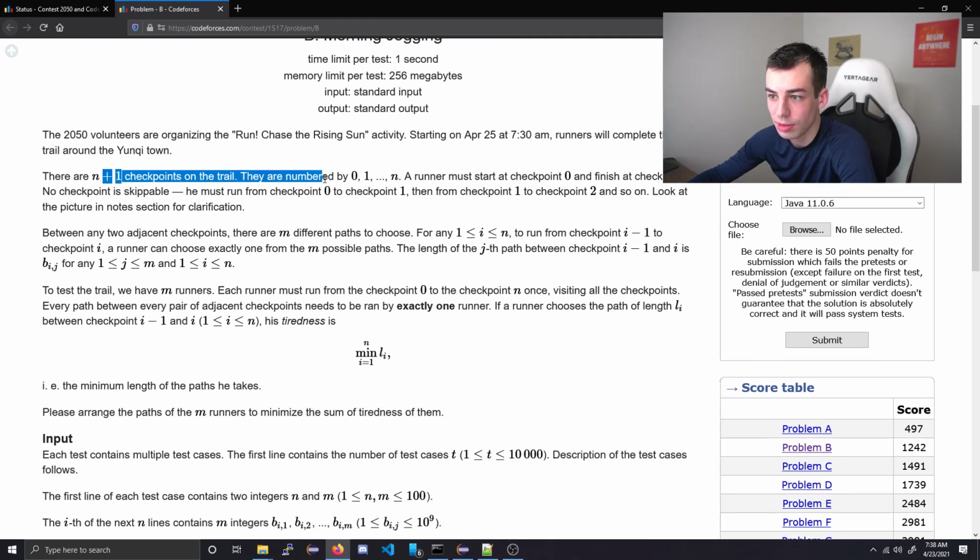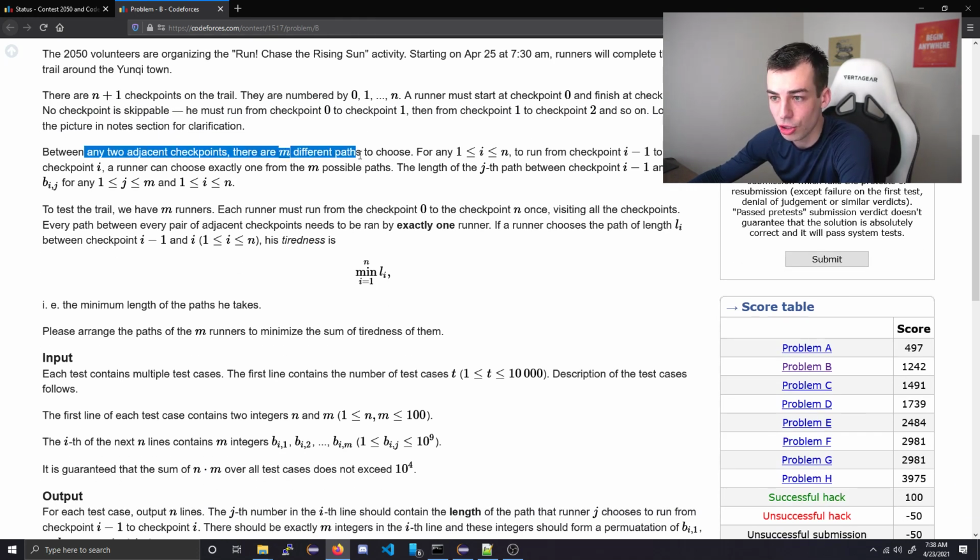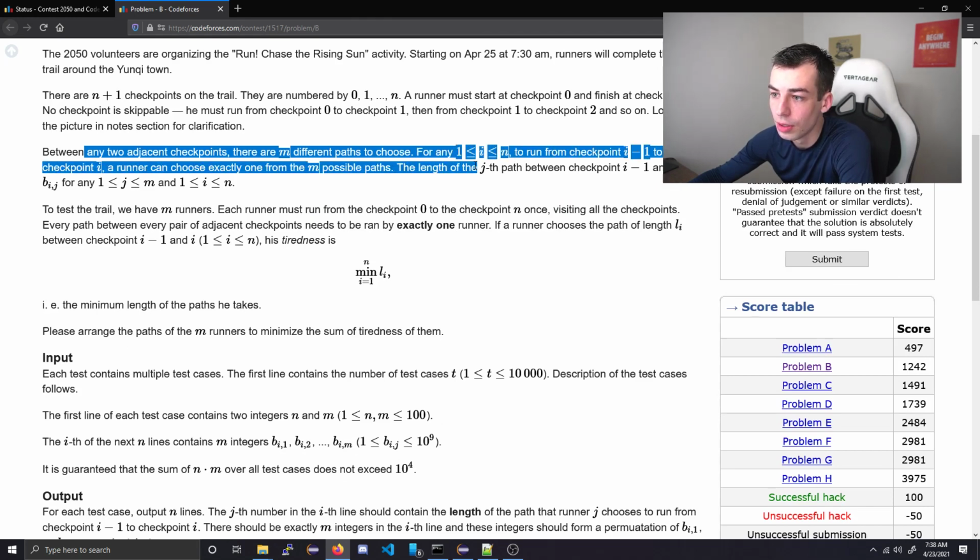There are n plus 1 checkpoints, numbered 0 to n. You go from 0 to n, you have to pass through each checkpoint. Between any two adjacent checkpoints, there are m paths. Okay, so for this one, the runner chooses exactly one of the m paths.